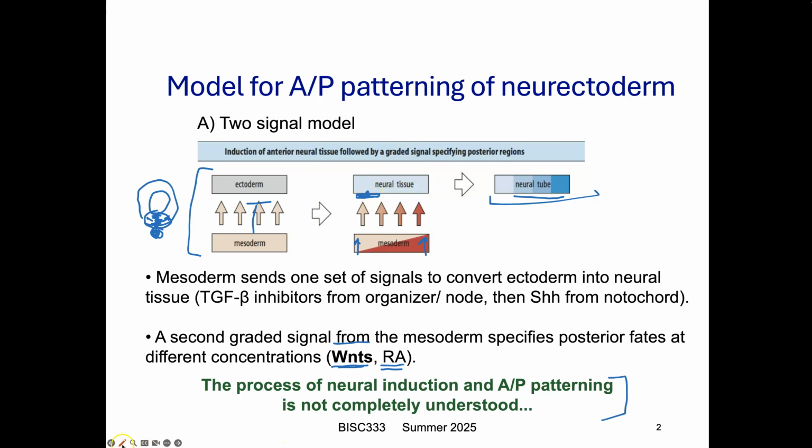So this is all just to say that we don't know all the details about this, and the people who research this, I am not one of them, know that Wnts are part of this process, and it is also thought that a retinoic acid gradient of some kind is also taking part in this.